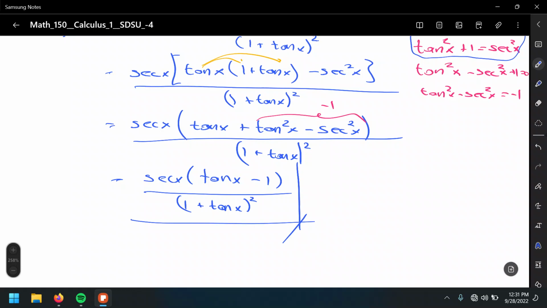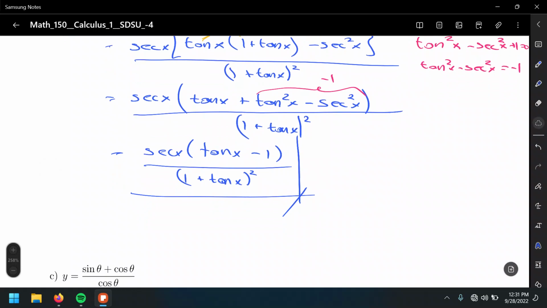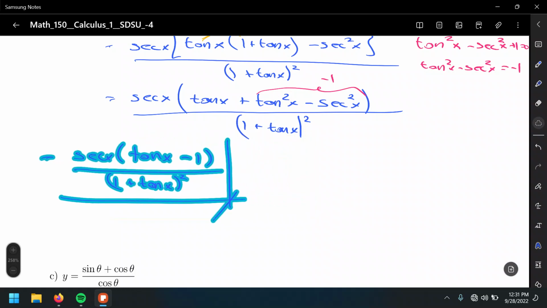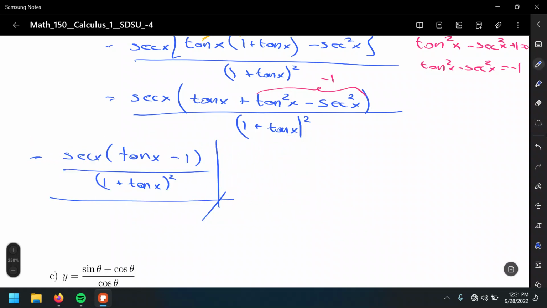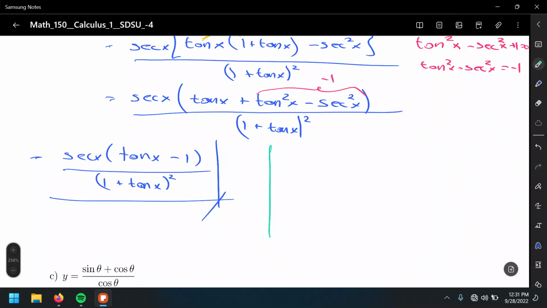Now the trick to obtain these identities. Okay, let me make some space in here first. This identity, sine squared plus cosine squared equals 1, let me do S and C for short.